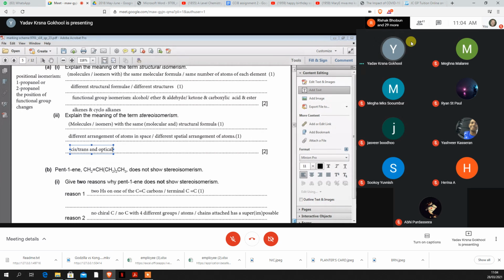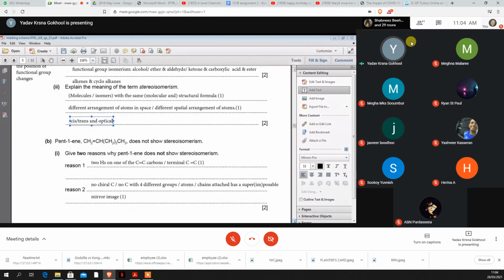Now, why does pent-1-ene not show stereoisomerism? Pent-1-ene is an alkene. Here I have told you beforehand that CH2, CH3, and C double bond C are never chiral.